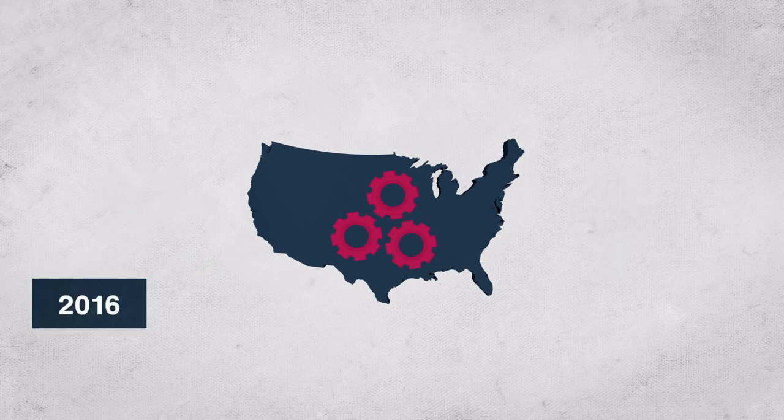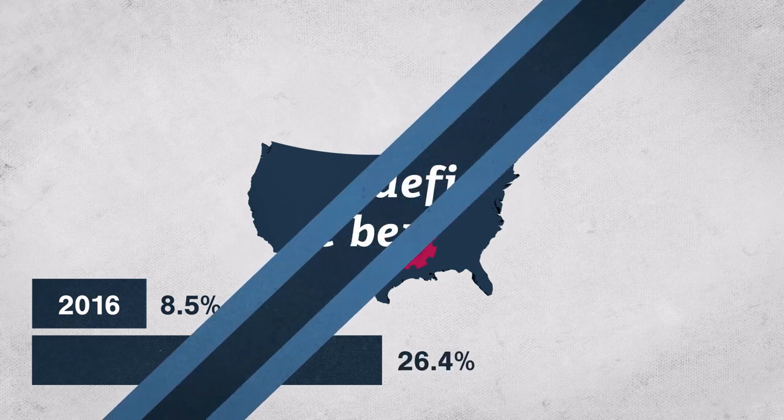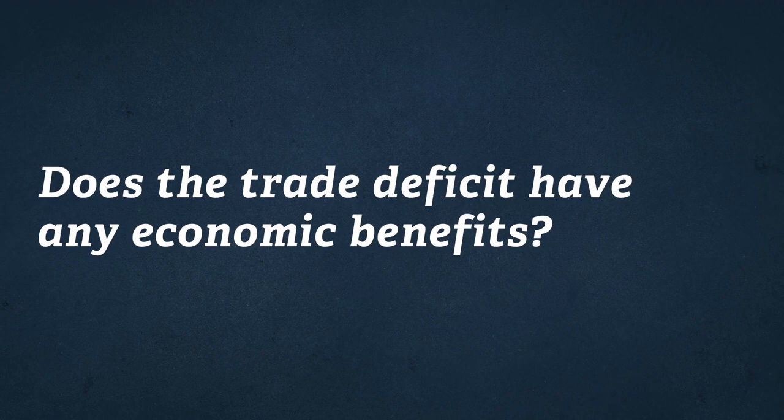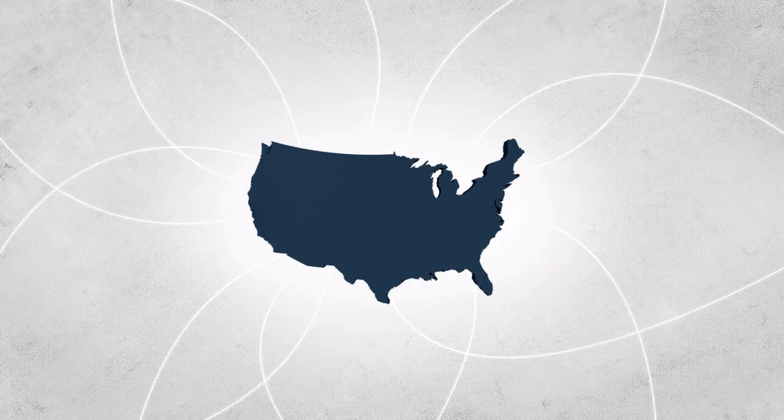Today, manufacturing jobs account for 8.5% of the U.S. labor force. In 1970, they accounted for 26.5% of the labor force. Does the United States trade deficit have any economic benefits? Well, yes. The trade deficit brings in tangible resources from abroad for investment in the U.S.